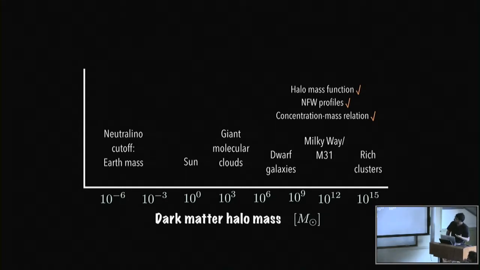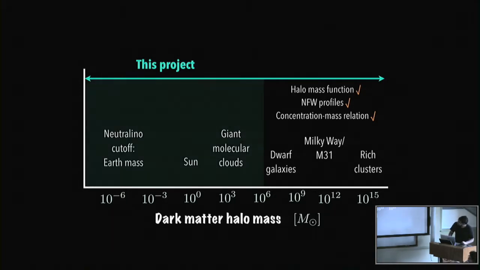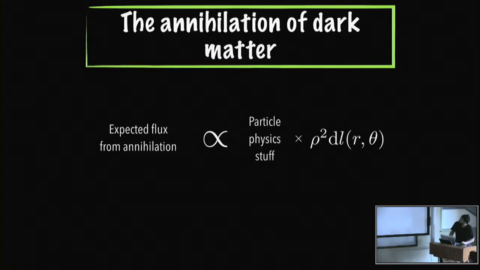And really the aim of this project is to do exactly that, to resolve and sample the entire mass function of cold dark matter, and specifically to look at this region where the properties of halos have been unexplored at redshift 0. And as I'll explain, this is a very, very challenging task. So I can imagine you're asking, why on earth would anyone care about this?